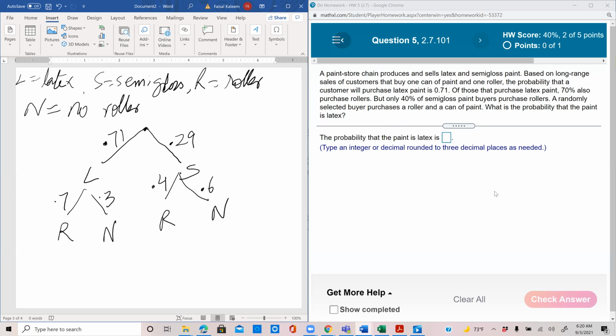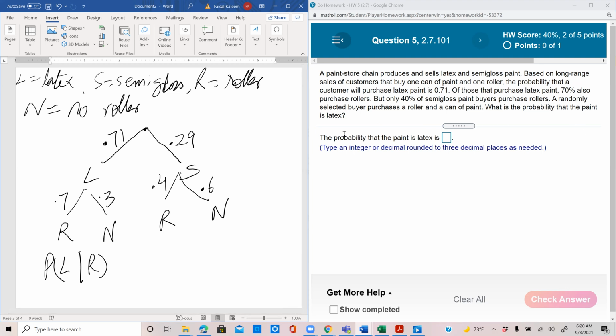What's the probability that the paint is latex? So probability latex given that the person purchases a roller. Although the given is that the buyer purchases a roller and a can of paint, it's clear from the problem that you buy a roller only if you buy a can of paint. After buying paint, it's a question of whether you buy a roller or not. So in effect, the given part is that the person purchases a roller, because a can of paint is always there.